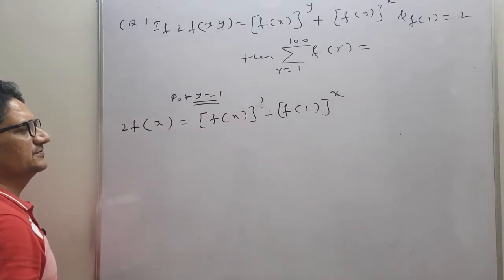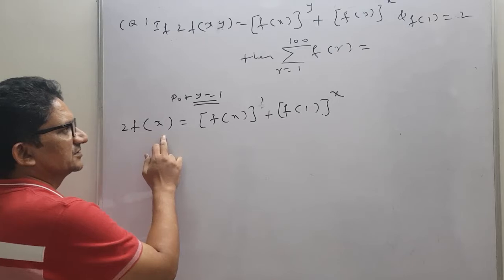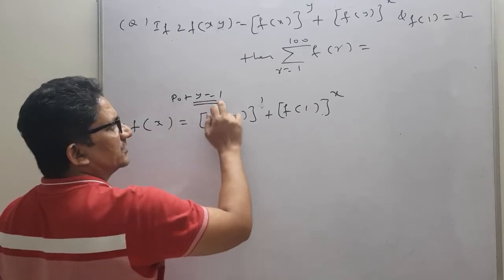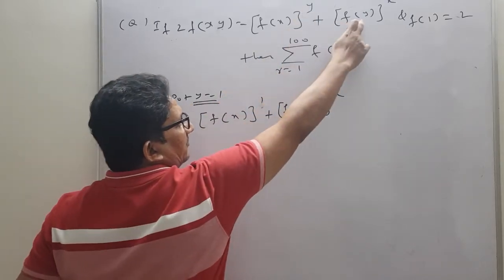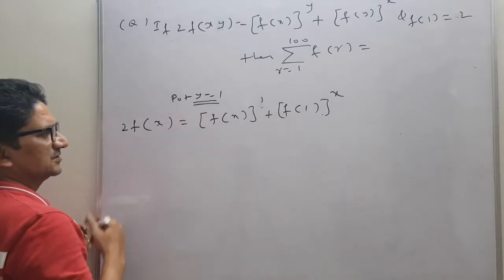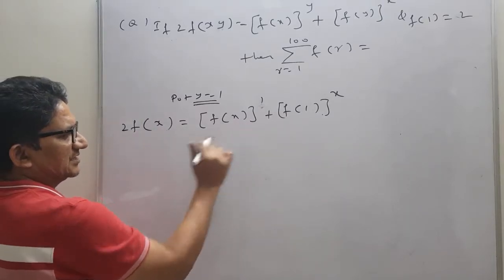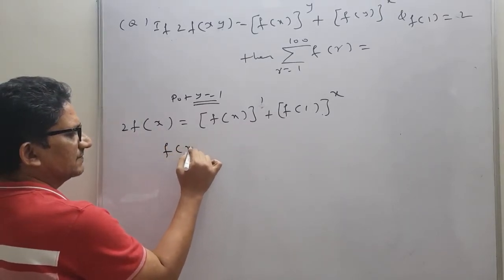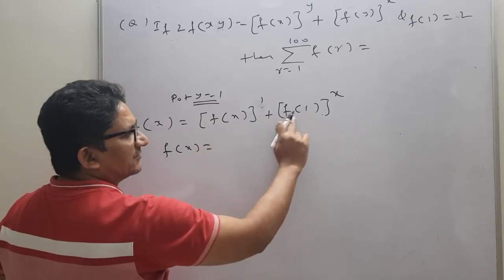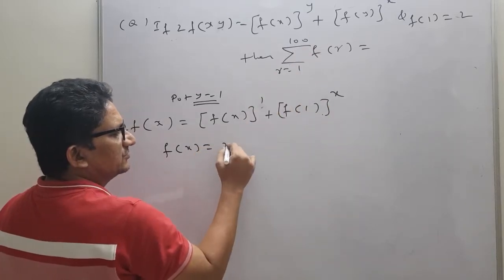So, check carefully. 2 times f of x equals, we are taking y equals 1, so y is 1 and y is 1. So we got this structure. 2 times f of x minus f of x, we get f of x equals f of 1, which is given as 2, to the power of x.